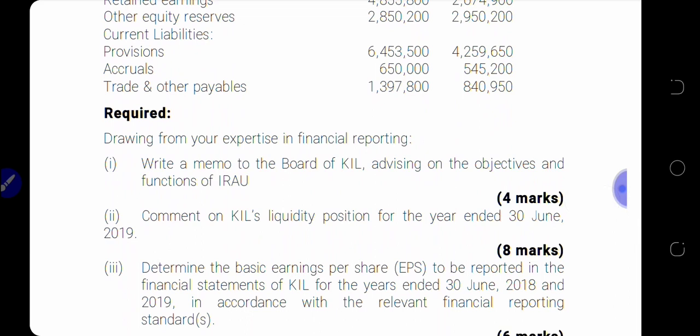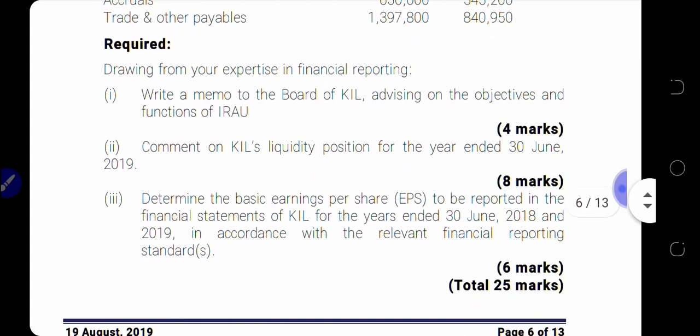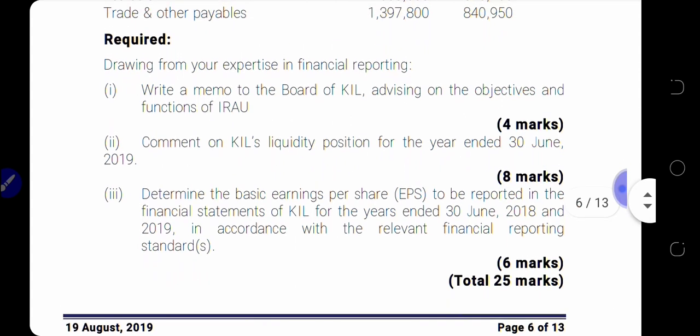Required: draw from your expertise in financial reporting. Write a memo to the board of KIL advising them on the objectives and functions of IRAU. Comment on KIL's liquidity position for the year ended 30th June 2019. Then determine the basic earnings per share to be reported in the financial statements of KIL for the years ended 30th June 2018 and 2019, in accordance with the relevant financial reporting standards.